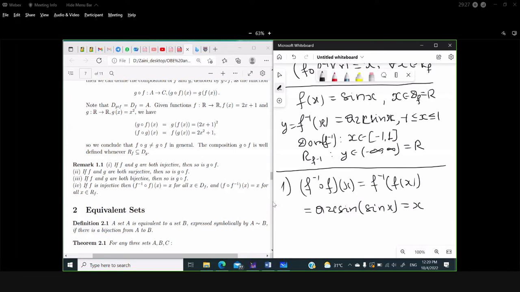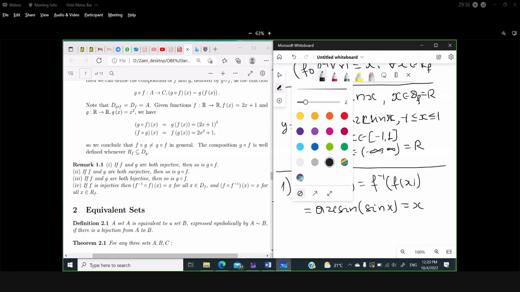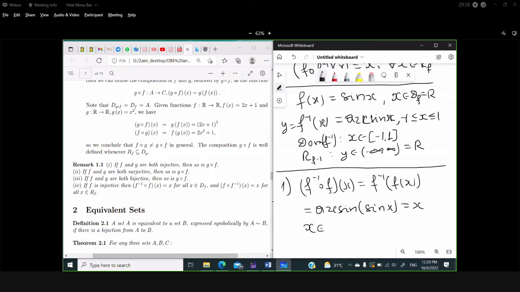Arc sine of sine x equal to x for all x from R. Is it correct?